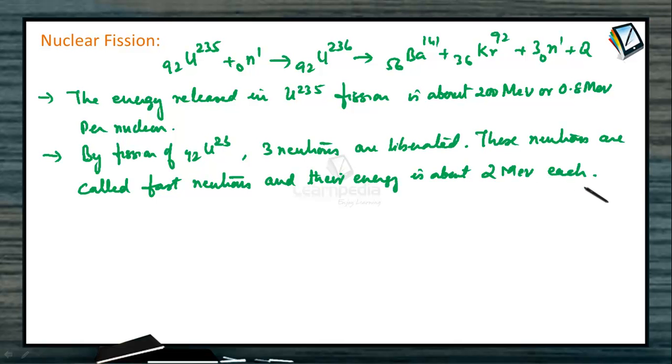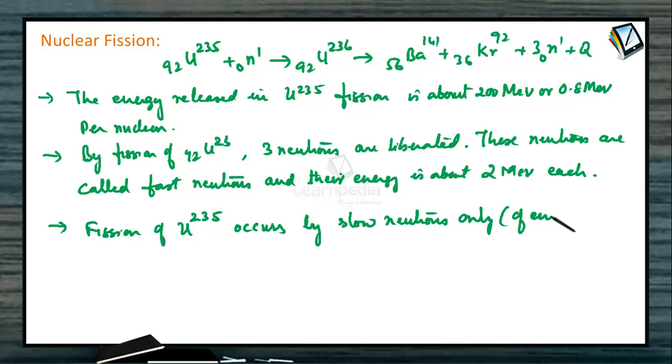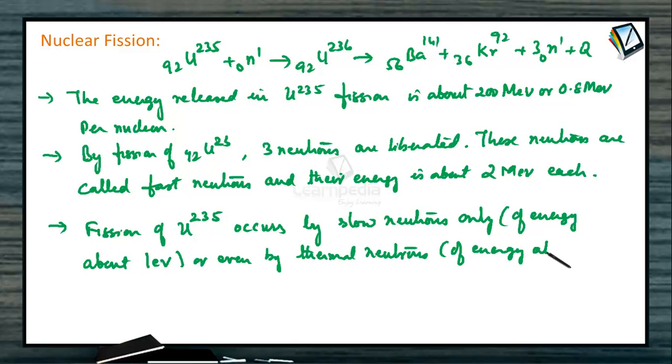These fast neutrons can escape from the reaction, so they need to be slowed down if the reaction has to continue, and that slow neutron has to be captured by another nucleus. Fission of uranium-235 occurs by slow neutrons only, of energy about 1 electron volt, or even by thermal neutrons of energy about 0.025 electron volts.